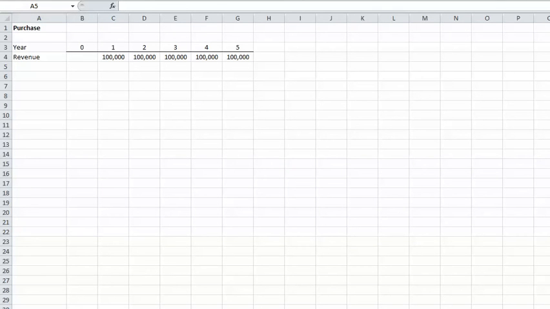So I'm going to use a spreadsheet to work on this example quickly. First, purchasing the asset, the revenue is going to be $100,000 per year. Then we are going to have salvage, which was $60,000 in year 5.